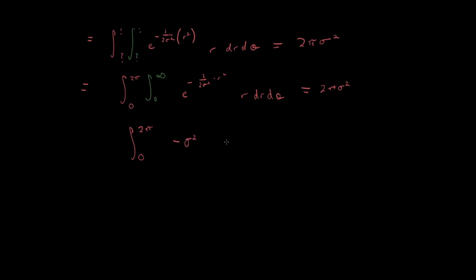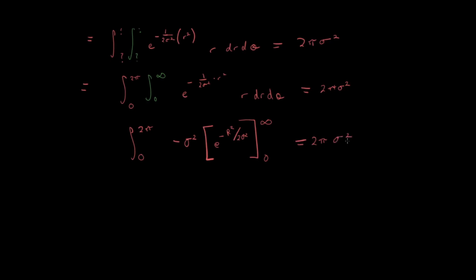Okay, minus sigma squared times e to the minus r squared divided by 2 sigma squared, where this goes from 0 to infinity. Okay, and this is all equal to 2 pi sigma squared still.